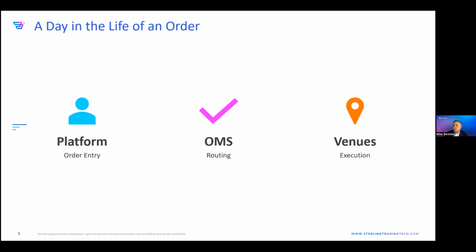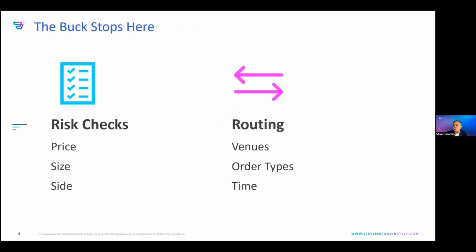So when we took a look at the OMS, the two primary responsibilities of the OMS, first is the risk checks, and then second would be routing that order after it passes or rejects those risk checks. If it passes the risk checks, it'll get routed to the right venue, whether it be an exchange, a trading desk, or a liquidity provider, and even the time that order gets routed.